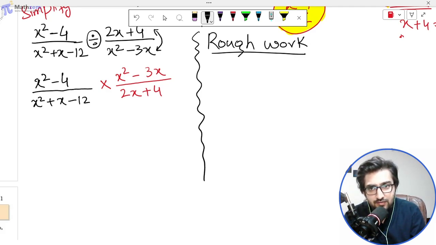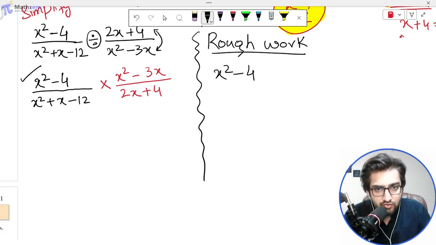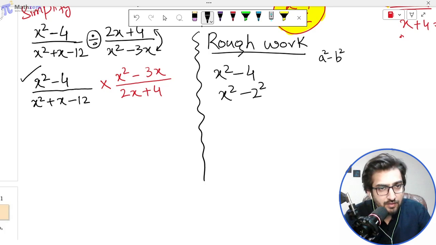So let me write this, the first one, x square minus 4, that is actually equal to x square minus 2 square, right? And I explained you the formula. Try to understand this formula, this is very important, and that is an easy formula as well. a plus b into a minus b.